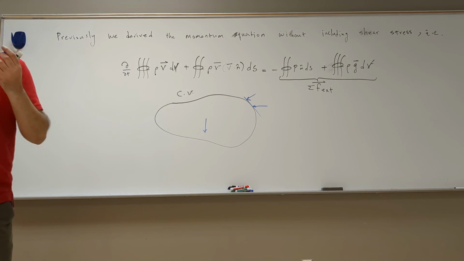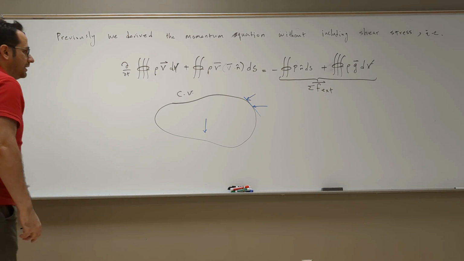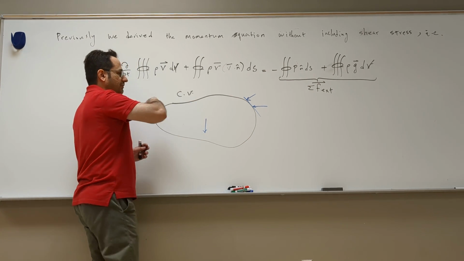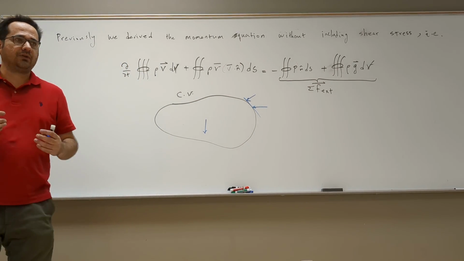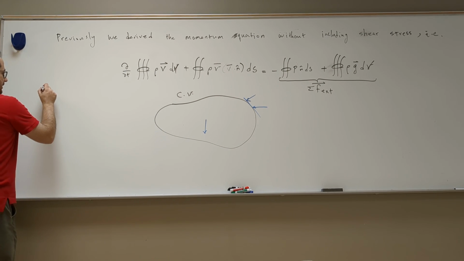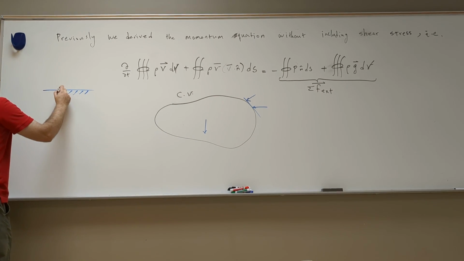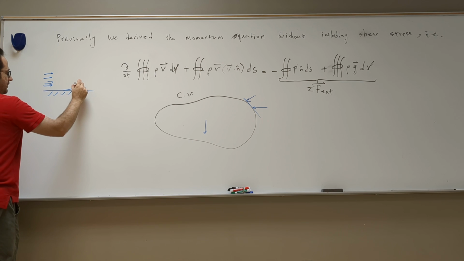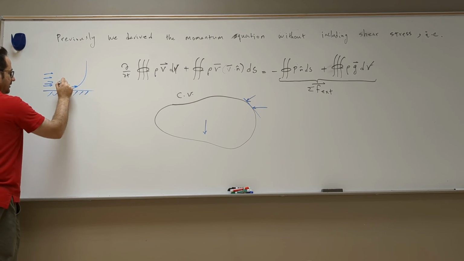But look, in real life, this control volume, you also have shear stress. For example, we have a flow. This is the surface, and here you got a flow, right? You all know that the velocity profile is like this.